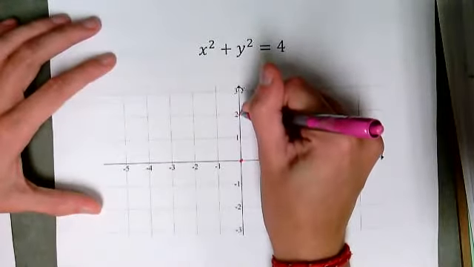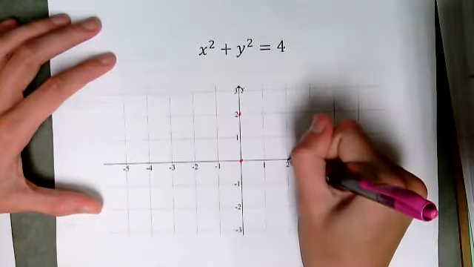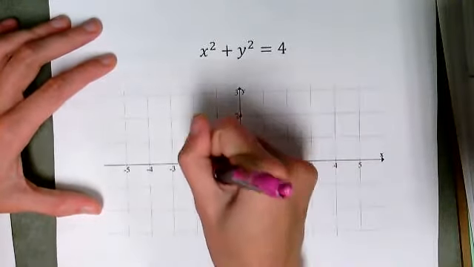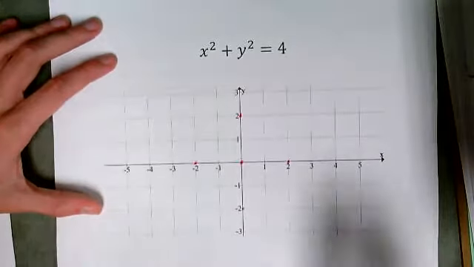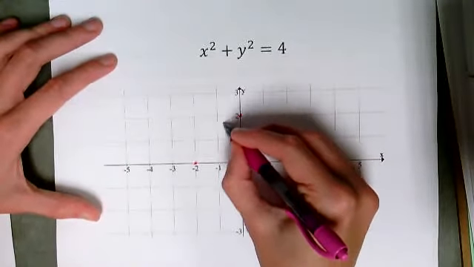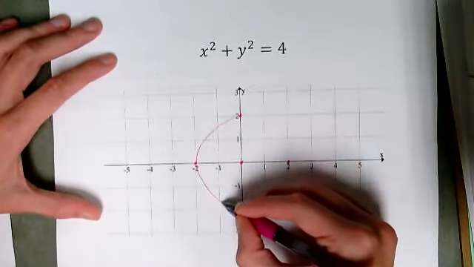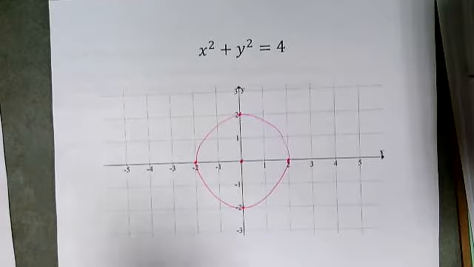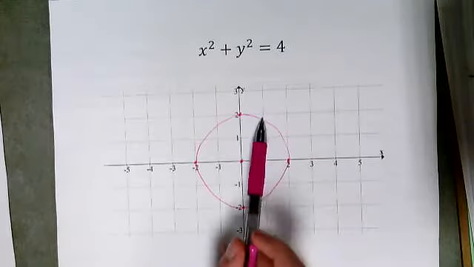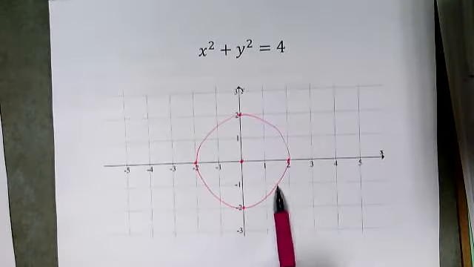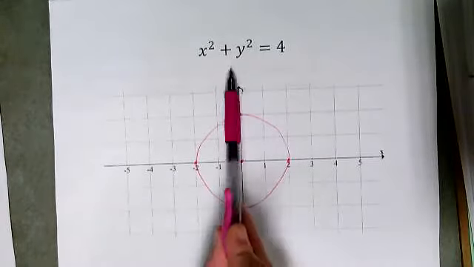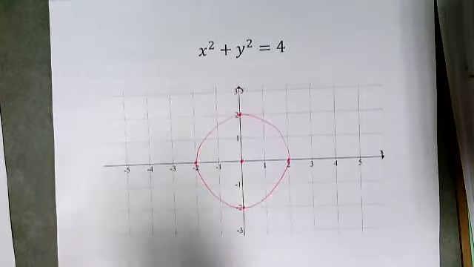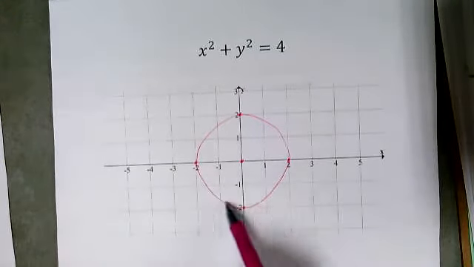Yeah, at this point, right, so this circle here are all the points that this thing has, right? So the circle represents that relation.